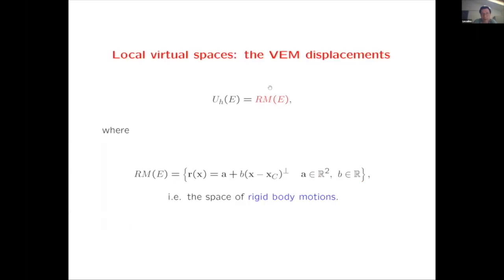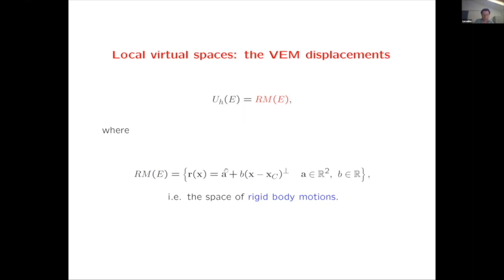Okay, so let's detail a little bit the local virtual spaces that we are employing in such an element. For the displacements, we will use not the piecewise constant functions, but this space here, which is nothing but the rigid body motions on each element, on each polygon.